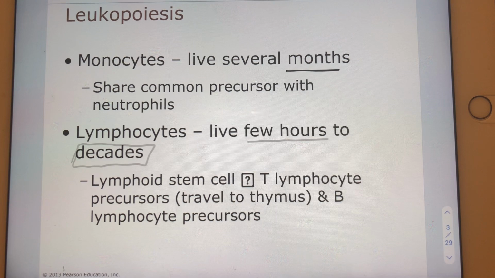And lymphocytes, it all depends on which lymphocyte we're talking about, and how differentiated that lymphocyte is. Sometimes a lymphocyte will only survive for a few hours, and then there are other lymphocyte derivatives that survive for decades, and we'll learn later that one of the lymphocyte derivatives are collectively called memory cells, and it's typically the memory cells that are going to survive for decades.